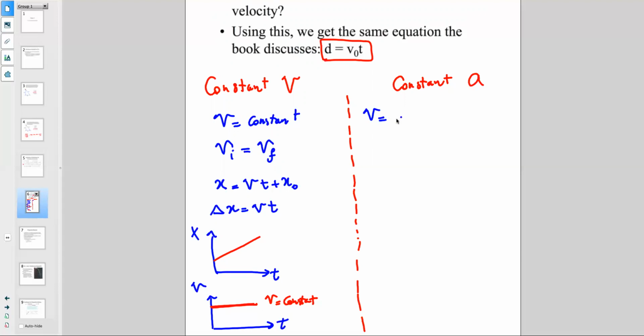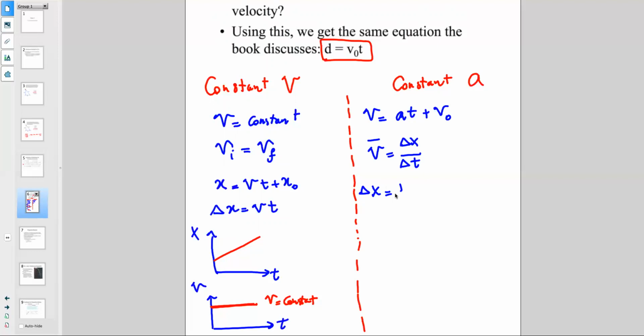So v is at plus v naught. v bar is delta x over delta t.